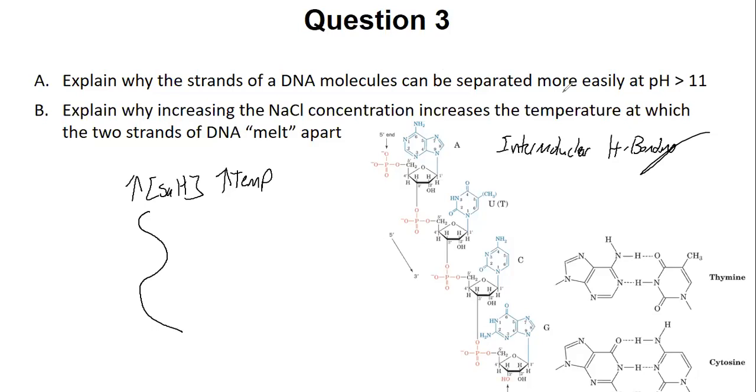Here's DNA strand number 2. They're both negative. What happens when you put one negative molecule next to another negative molecule? Do they want to come together or do they want to pull apart? Repulsion, they want to pull apart, right?